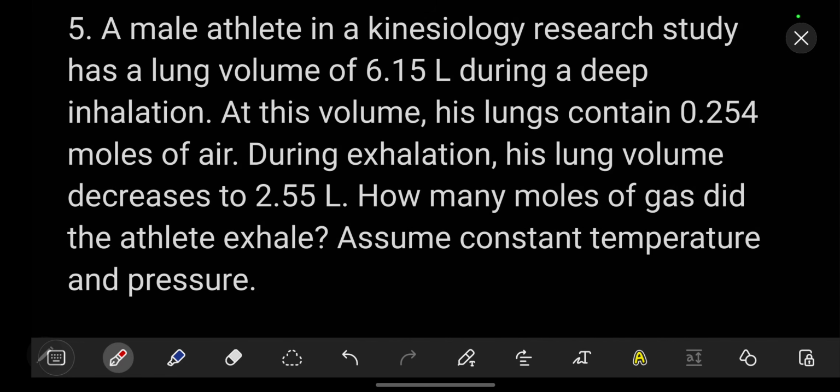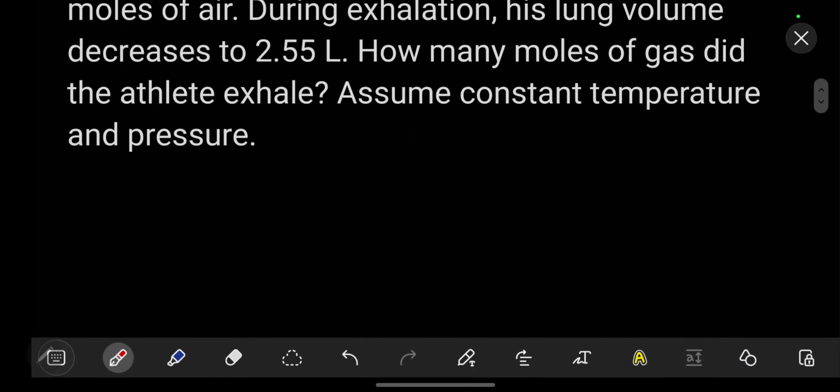During exhalation, his lung volume decreased to 2.55 liters. How many moles of the gas did the athlete exhale? Assume constant temperature and pressure. So immediately, since we are assuming constant temperature and pressure, we are looking at Avogadro's law.